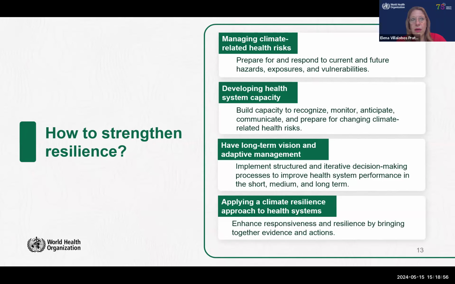So it is a lot about information systems, a lot about assessing the risk, and a lot about working with communities and communication. They will have to have a long-term vision in addition to this adaptive management approach. And then they will have to apply this to everything that they do at health system level, including, for example, service delivery of a specific climate-sensitive health risk. Next slide, please.